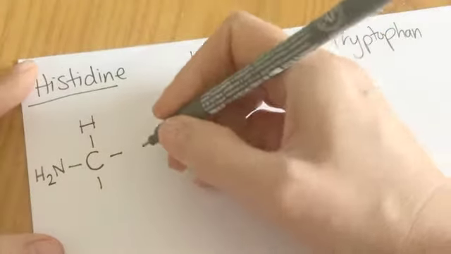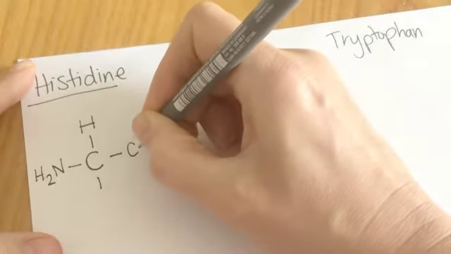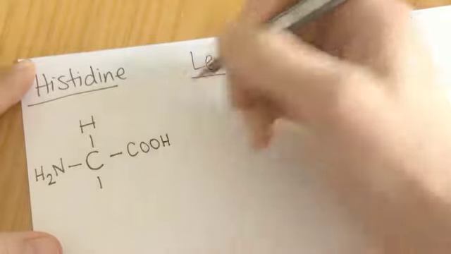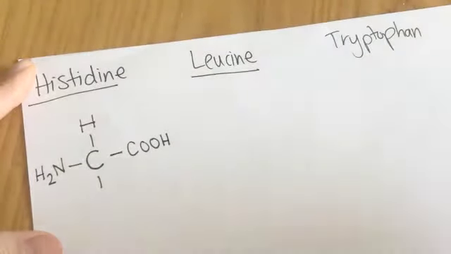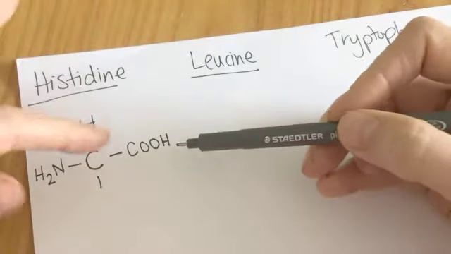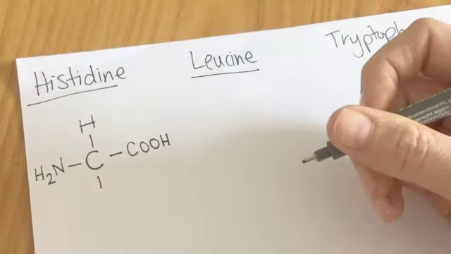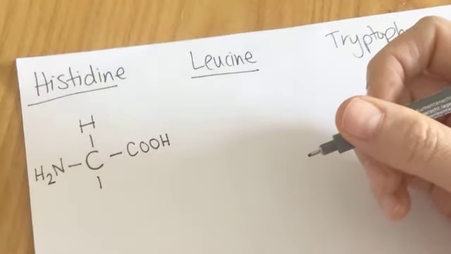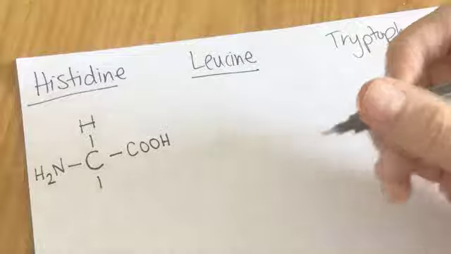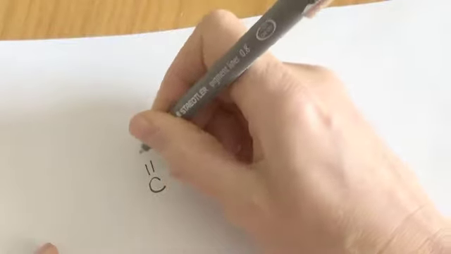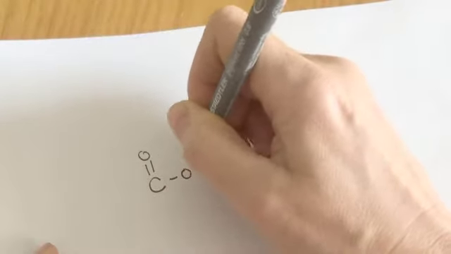And then on the right side, we're going to write COOH. If you remember from a couple units ago, what is the COOH going to be? Think about it for a brief moment. This is actually going to be a carboxylic acid, which is a carbon with a double bonded oxygen and an OH.